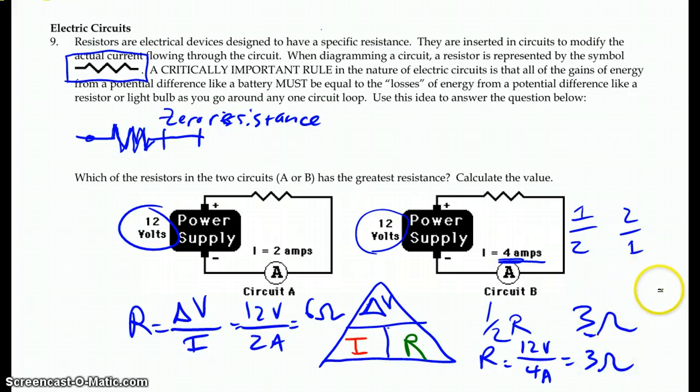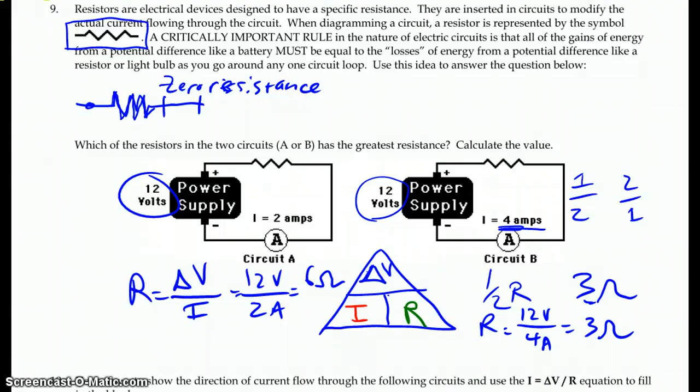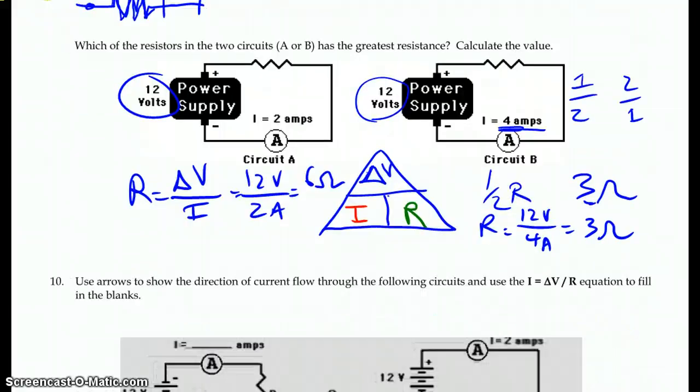Okay, so ratios are really helpful when you're trying to analyze electric circuits. Take some time just to compare. If one thing doubles, that means probably something else is going to be cut in half or something else is going to double. It's simple increases and decreases. No squares. You don't have to worry about inverse squares like in gravity or electrostatic forces. So give that a try.